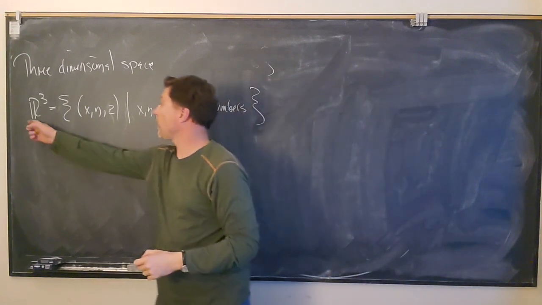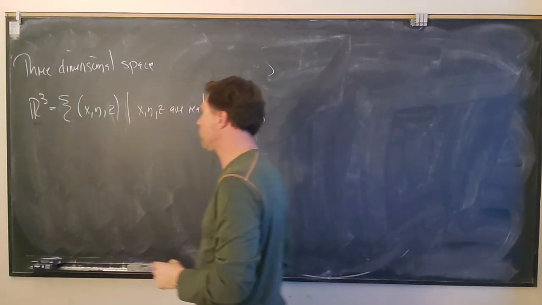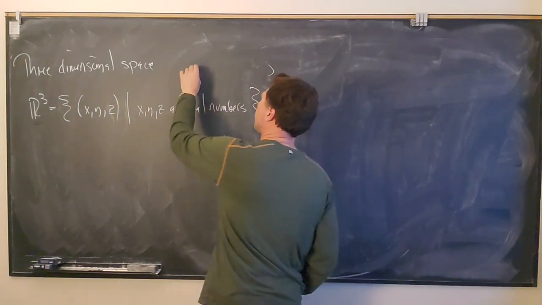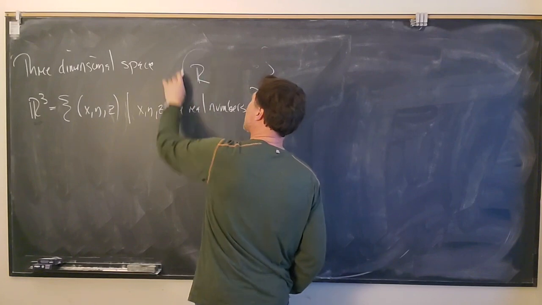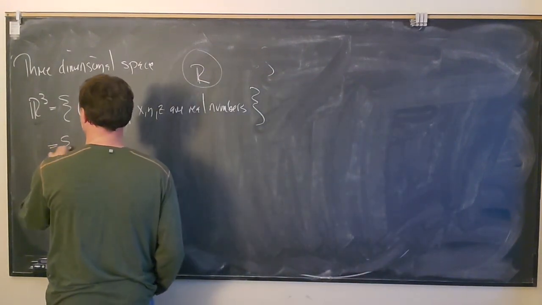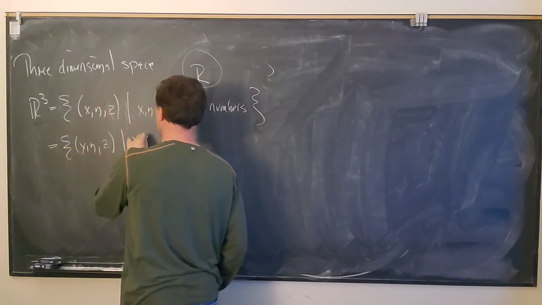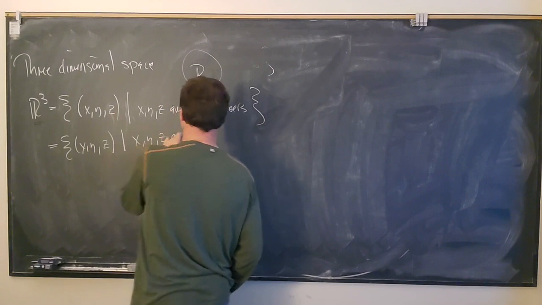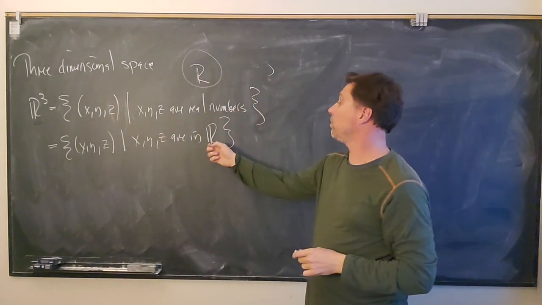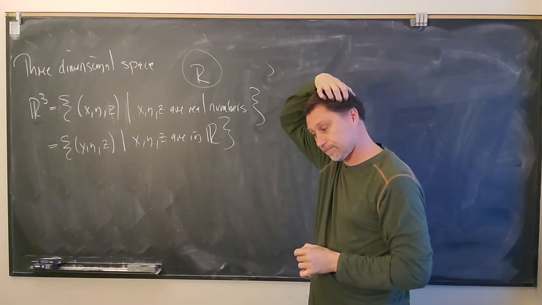So the R stands for the real numbers part, and then the 3 stands for the dimension, so it's three-dimensional. Oftentimes, the set of real numbers is denoted by that symbol right there. So another way to write this, it's the set of all x, y, z, such that x, y, and z are in, and then I can use this symbol right here, the real number symbol. So each of x, y, and z are real numbers.